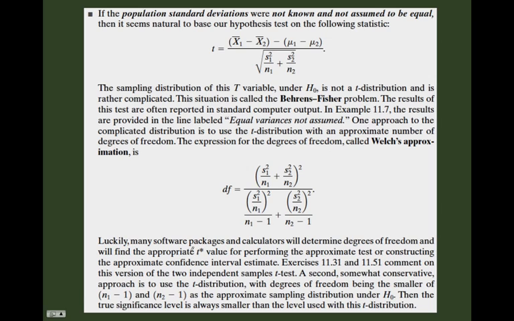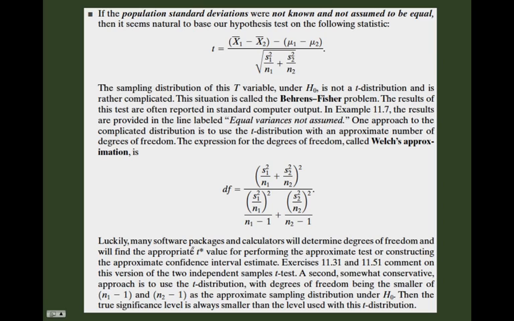Really all that's changed is sigma 1 and sigma 2 have been replaced by S1 and S2. Now the problem is though that the sampling distribution of this variable is not a t-distribution, and it's complicated.